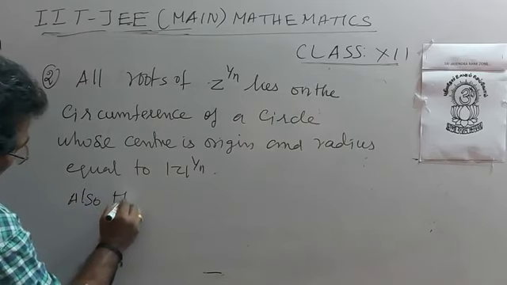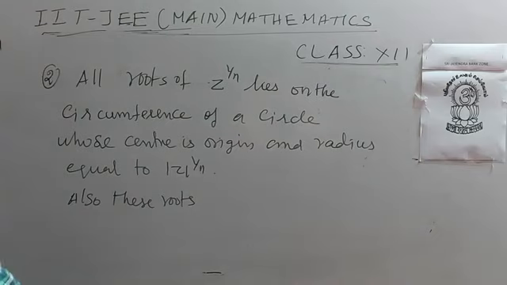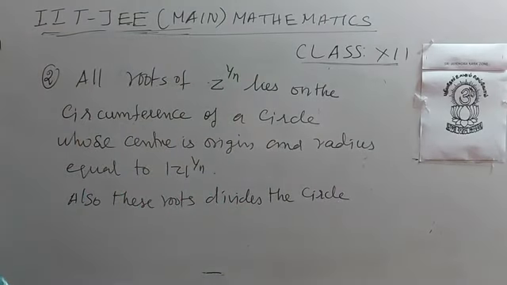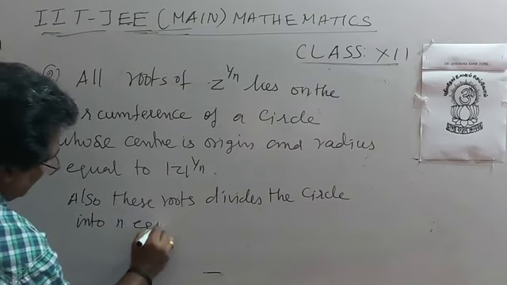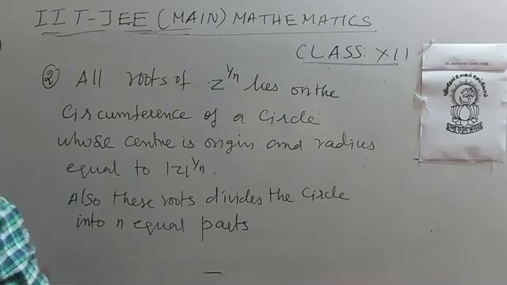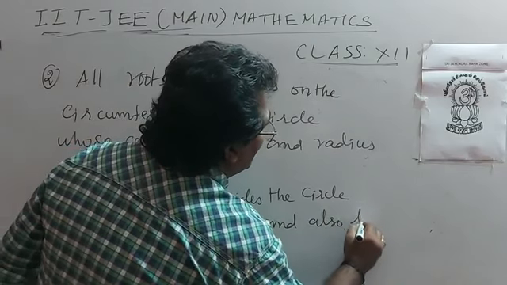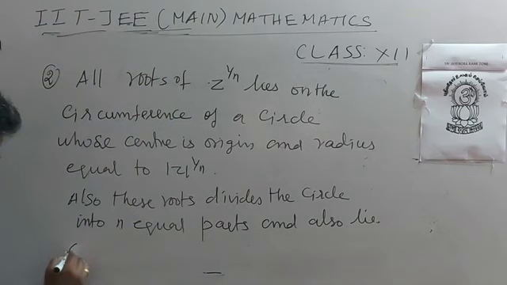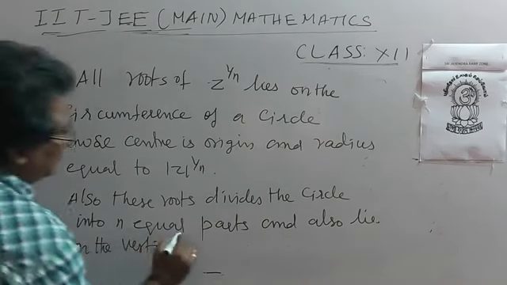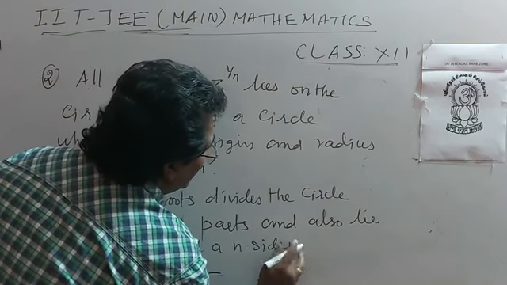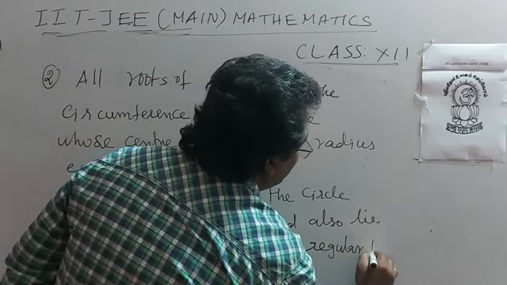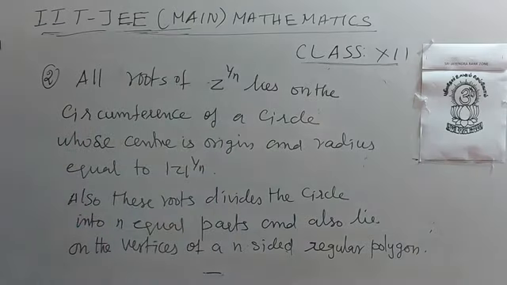Also, these roots divide the circle into n equal parts and also lie on the vertices of an n-sided regular polygon.